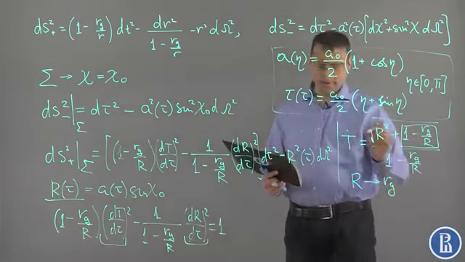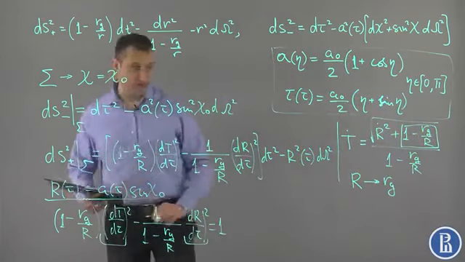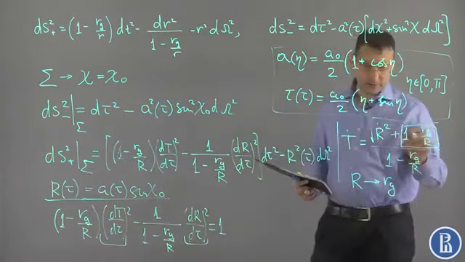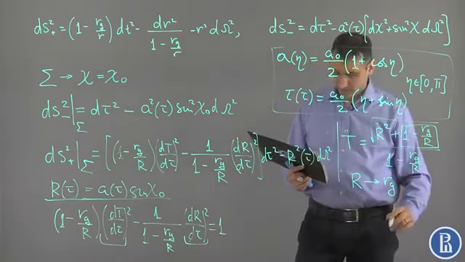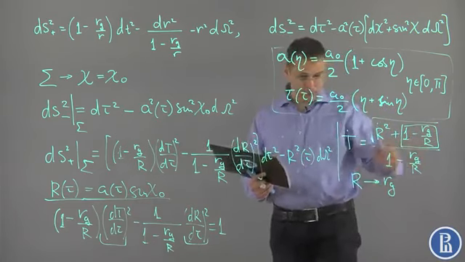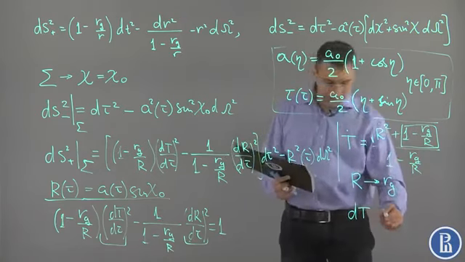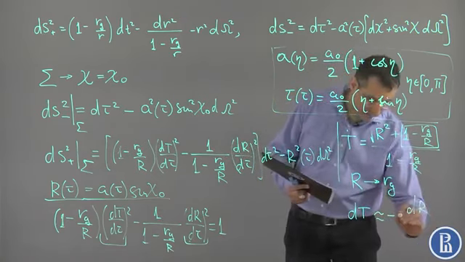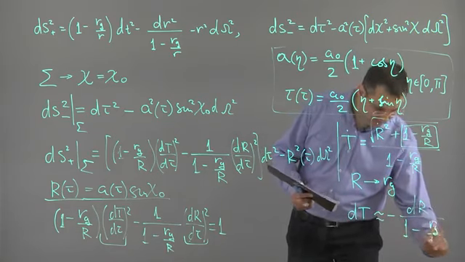because r dot as a function of proper time is not 0 in the vicinity of the horizon, since a of tau is not 0 there, so the surface goes with non-zero velocity. So we can neglect this in this limit, and this equation approximately acquires the following form: dt is approximately minus dr divided by (1 minus rg over r).